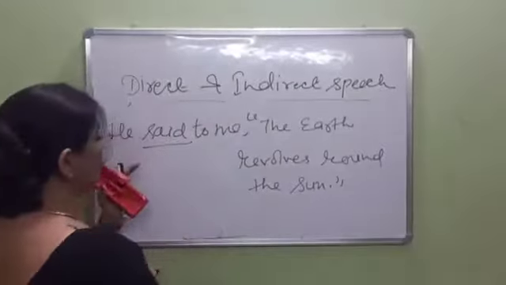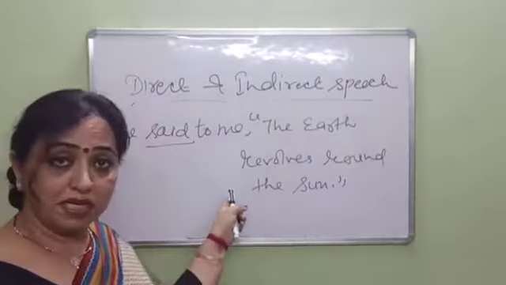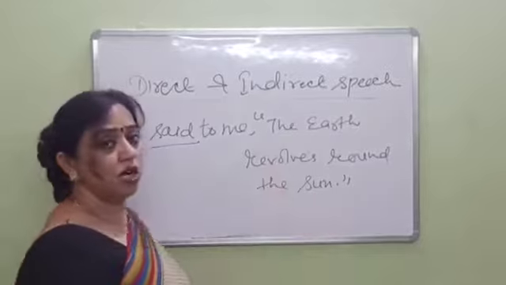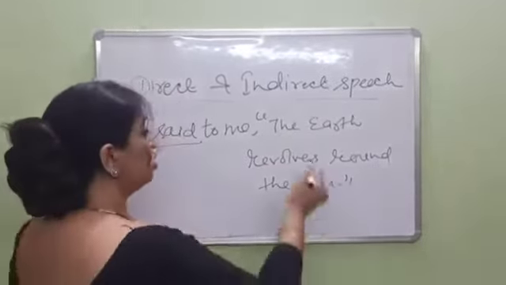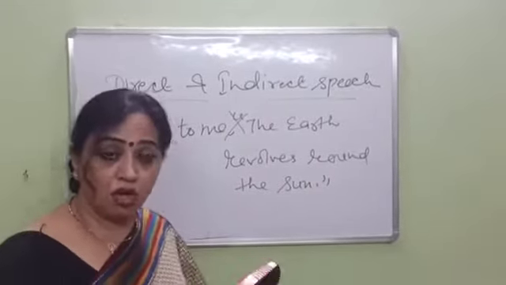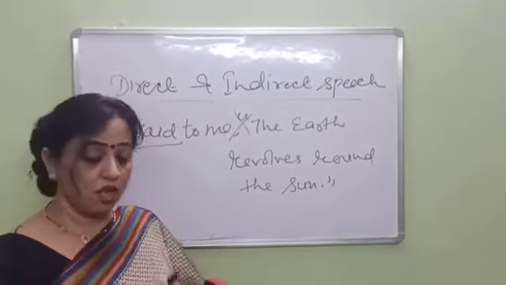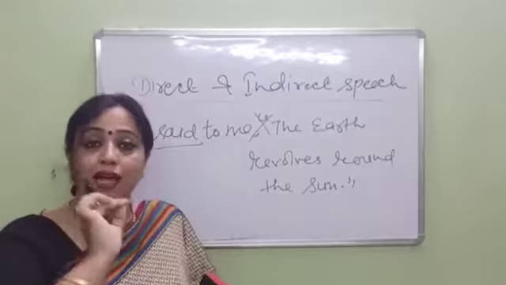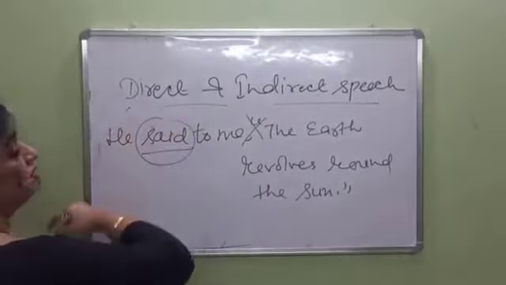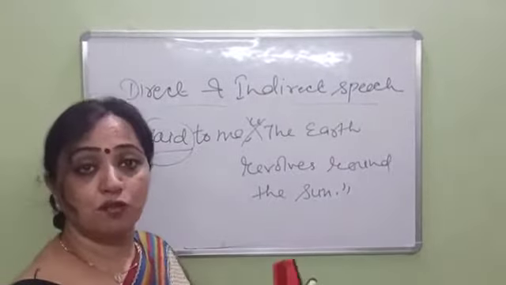It will remain the same whether you are given the verb in present tense, past tense or future tense. The earth revolves around the sun. This is a universal truth, so it will remain the same. Remember always, tense will change, but universal truth and habitual truth will never change.